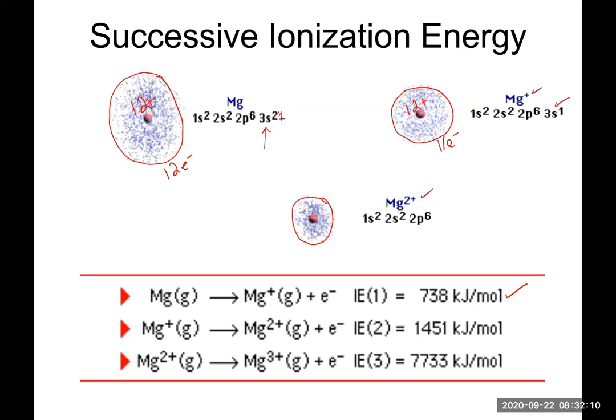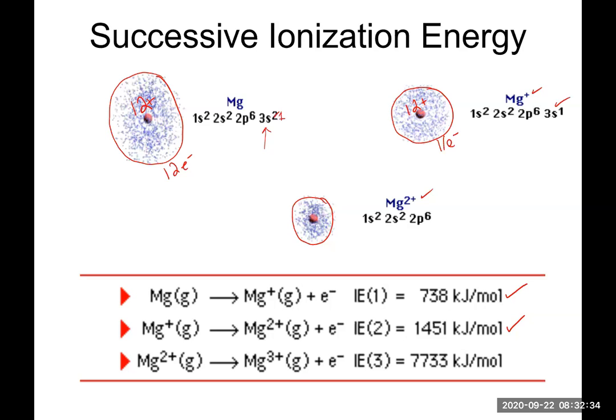So to remove that one electron, it's going to cost us twice as much as removing the first one. It's going to cost us 1,451 kilojoules per mole. And again, that makes sense because we have more positive charge in the nucleus holding fewer electrons in the electron cloud, and so the positive charges are pulling on those electrons much more strongly with an attractive force.